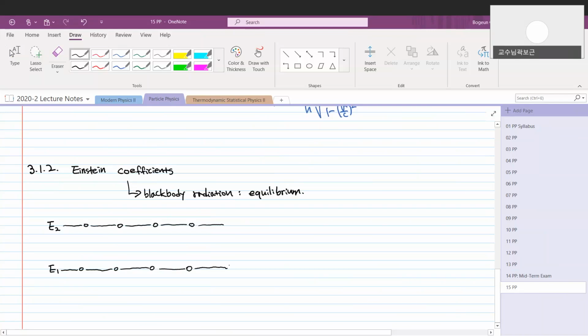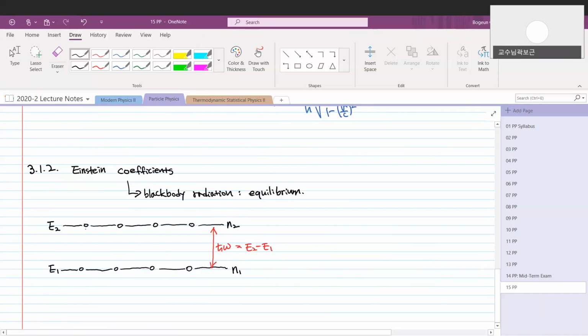When an atom makes a transition in its energy state from 1 to 2 or from 2 to 1, the energy difference can produce photons corresponding to the difference between the energy states. The number of atoms in each state is N1 and N2.